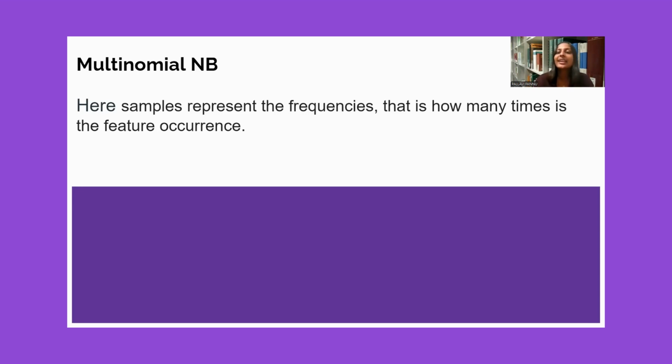In these kinds of applications, we can utilize multinomial naive-Bayes, because the samples represent frequencies, like how many times a word occurs. And you can utilize a bag of words model or TF-IDF for generating the frequencies, right?